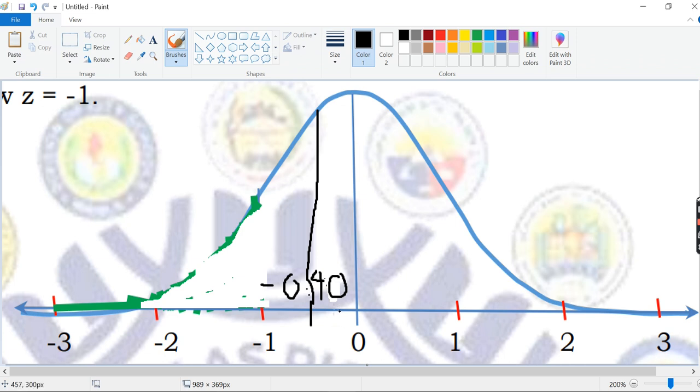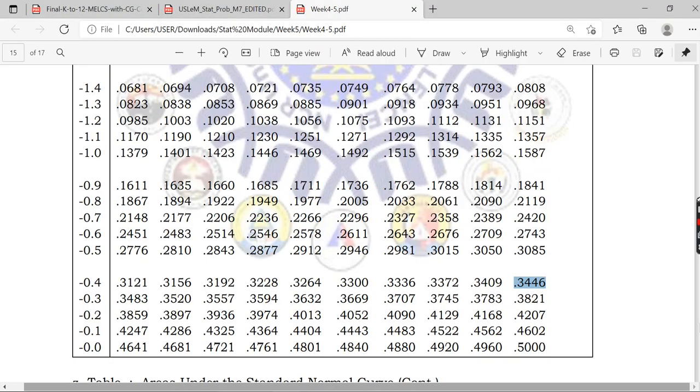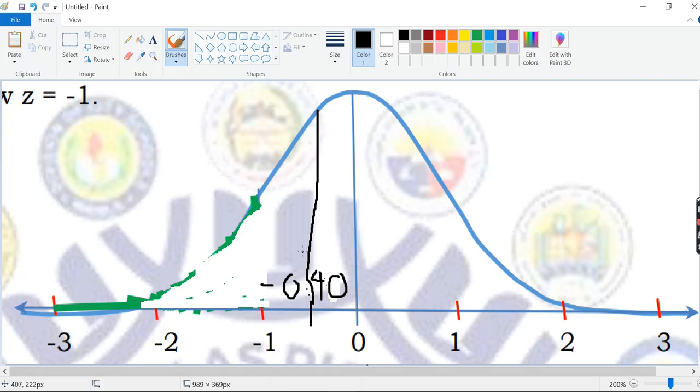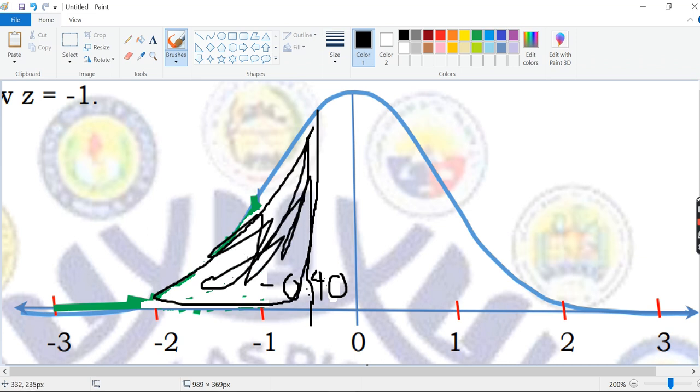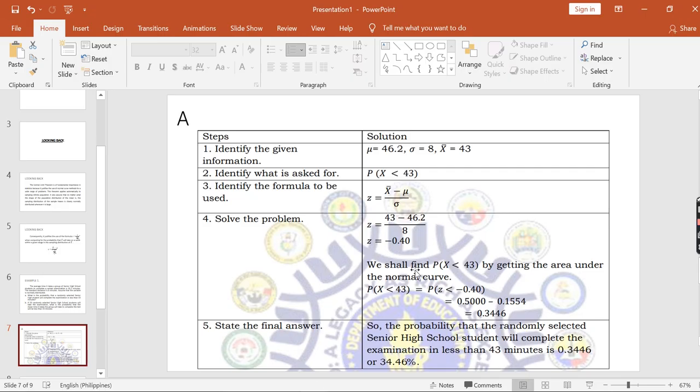So 0.3446 is the leftmost part from the value that we look for. Where is the left of that? This part. So the area under that part is 0.3446.